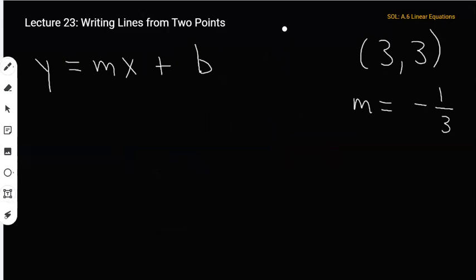I'm going to find all those numbers and put them where they should be. So the y value is from this ordered pair. It's going to be this 3 right here. My m value is going to be my slope. That's going to be negative 1/3. What's my x value going to be? 3. Yep.